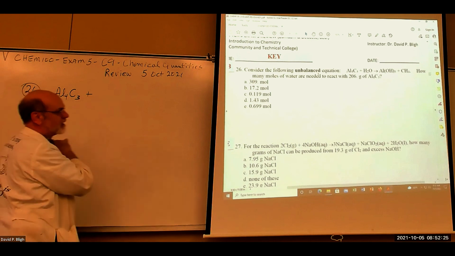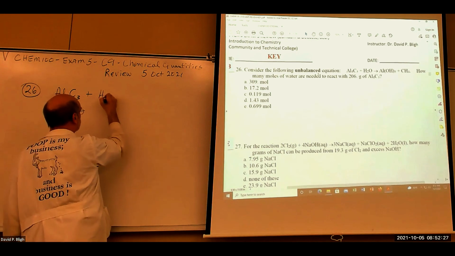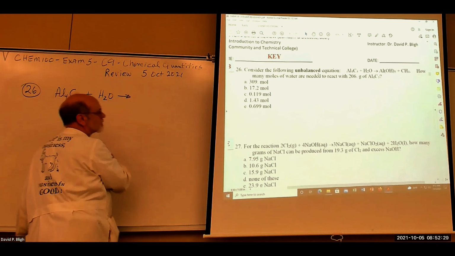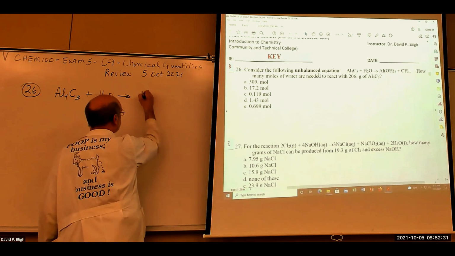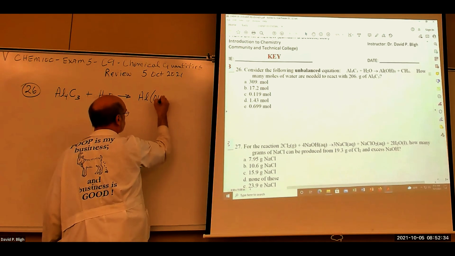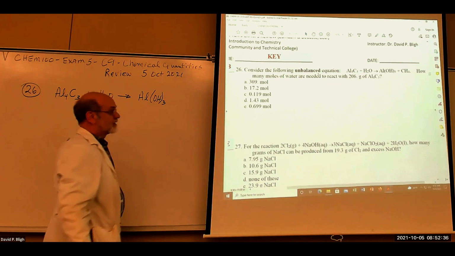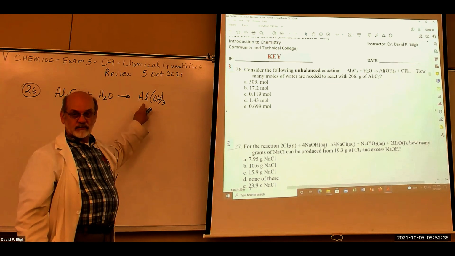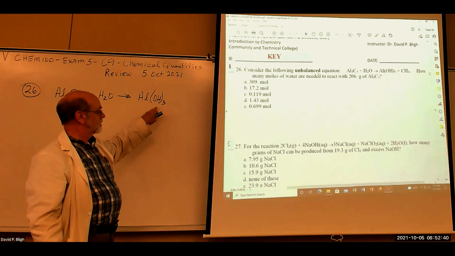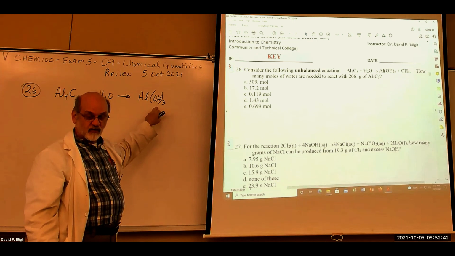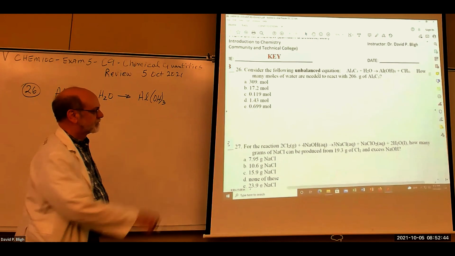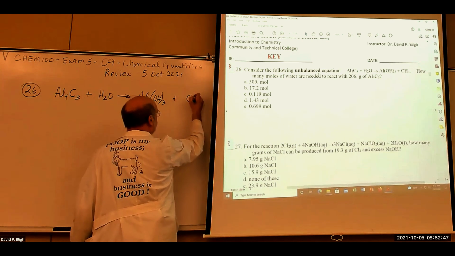Al4C3 and water produce aluminum hydroxide. Is that right? Aluminum is always +3, the polyatomic ion is -1, they're balanced. And methane.